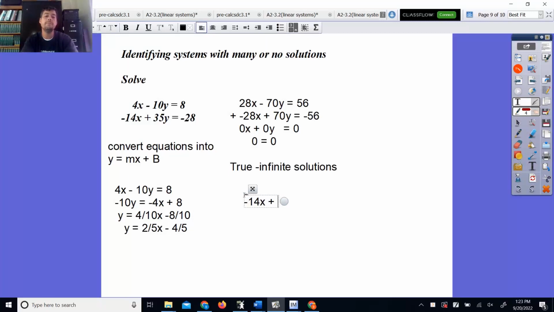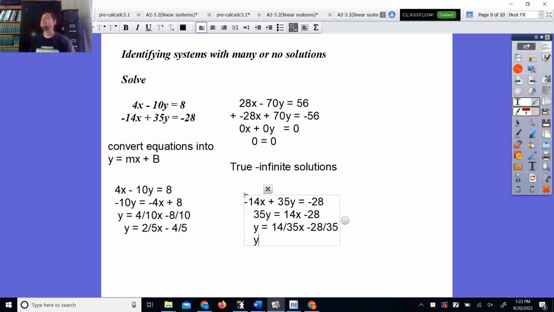Second equation, do the same thing. Add 14x. What are you going to divide by? 35. So 14/35 of x minus 28/35. And I'll slow down and just hush for a second.